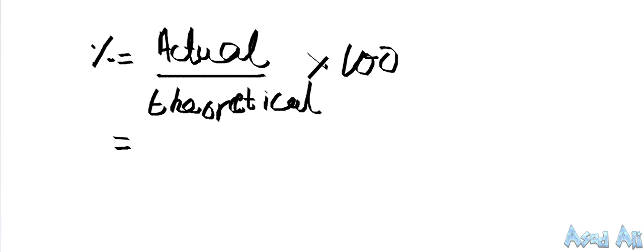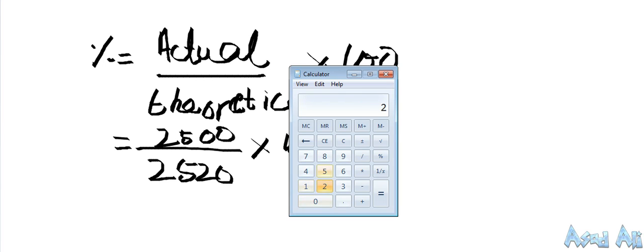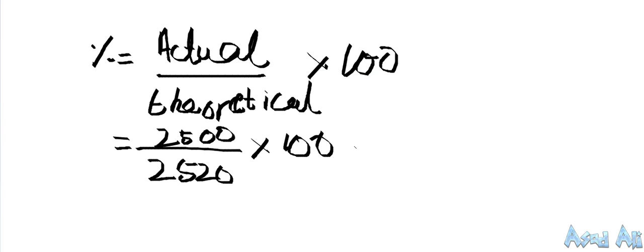The theoretical yield is 2520 and the actual yield is 2.5 kg, that is 2500 grams, and we'll multiply by 100. What will be the answer? 250000 divided by 2520. So actually 99.2 percent yield is produced. The less, 0.8, is lost inside the reaction.